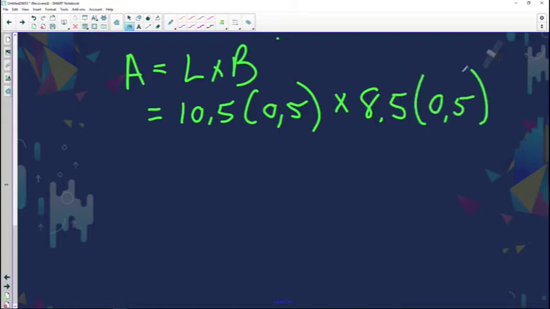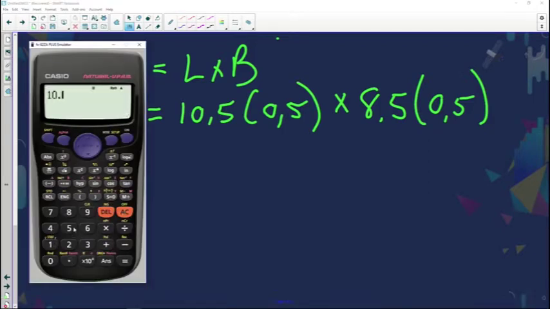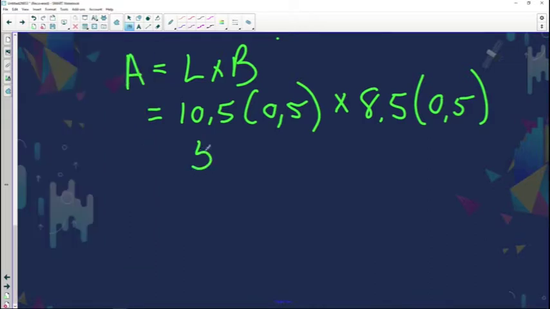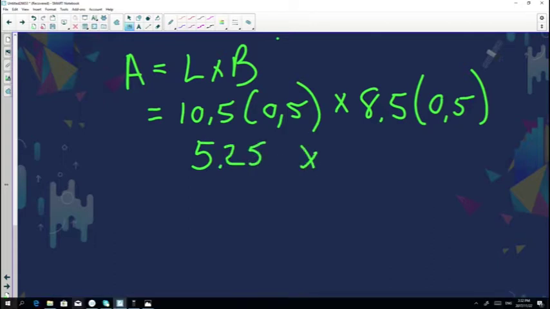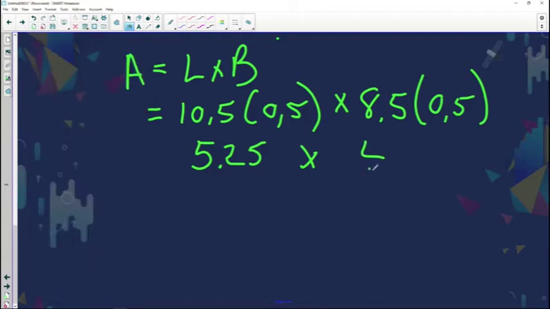Once again, you get your calculator out. 10.5 times 0.5 equals 5.25 centimeters, and then 8.5 times 0.5 equals 4.25.